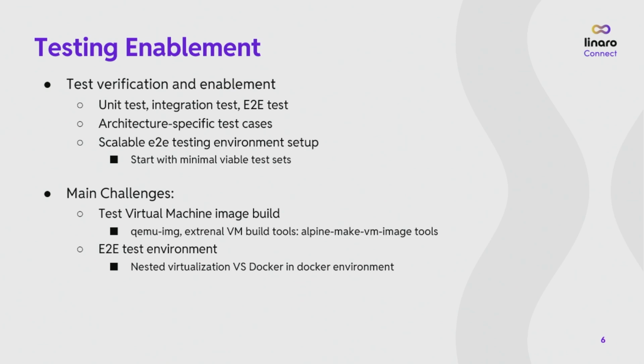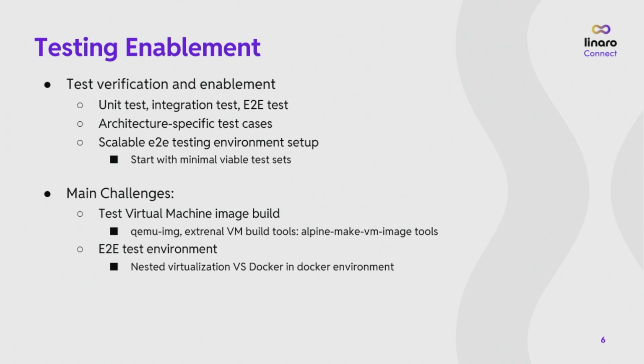Before, those images were built manually or with scripts or external tools that only support x86. So we have to rewrite those scripts, rebuild the build process, and find the architecture-specific dependencies.